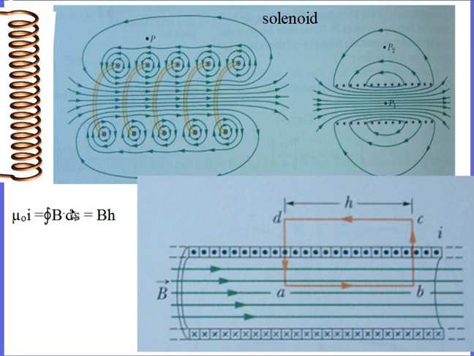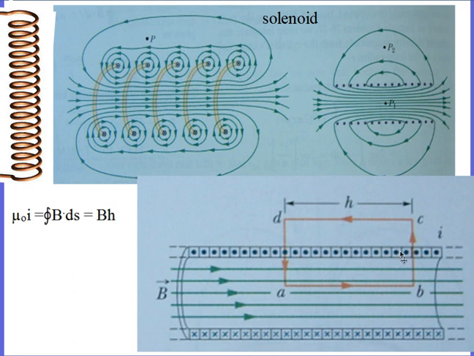The only place we get a non-zero value for evaluating this is across here, and there B and ds are going to be parallel to one another. So you can pull the B outside, it's constant, and then you evaluate the ds and you get an h. And so for this particular solenoid, the magnetic field outside is zero, and inside it's going to be equal to, well, all of the current enclosed.